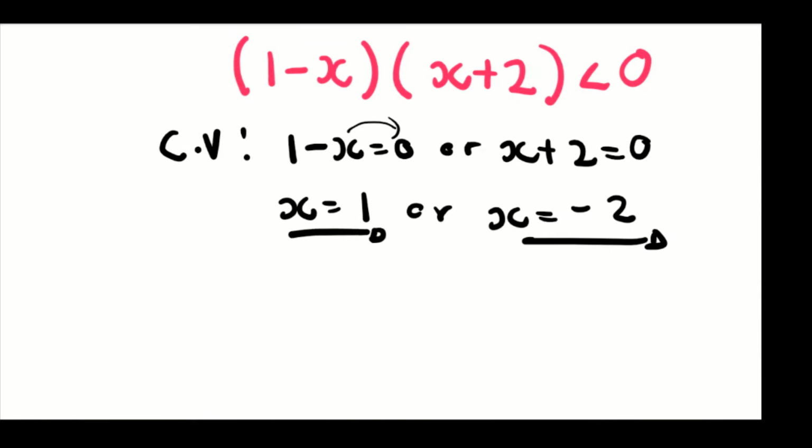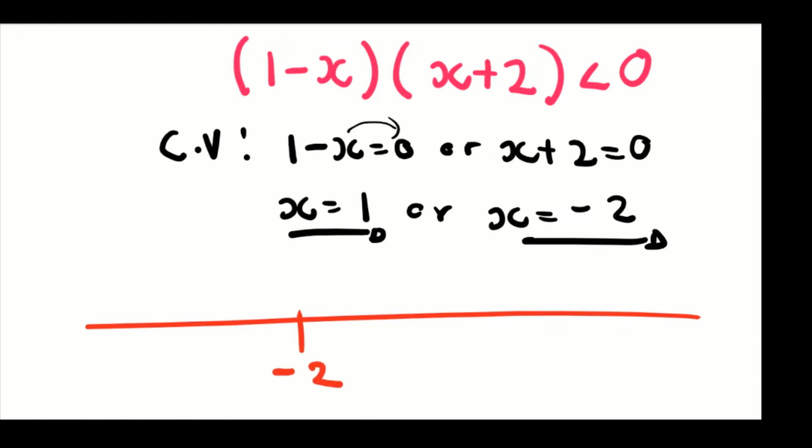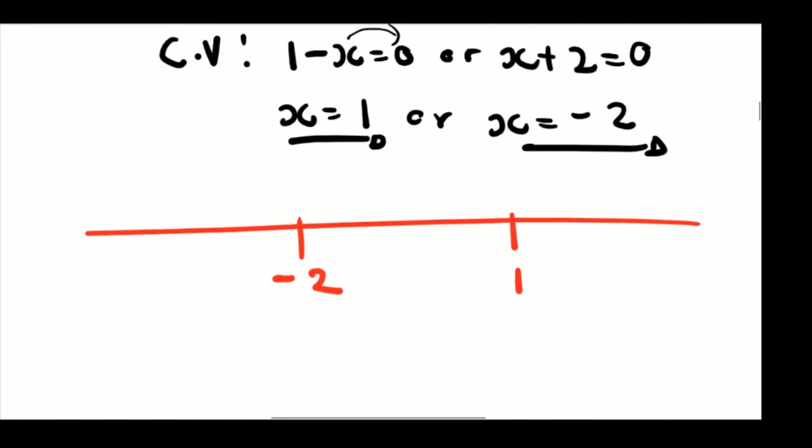The next step is to draw our number line and present our critical values. The first critical value is minus 2, and the other critical value is 1, right? What you're going to do here is test values before your critical values and values after them.